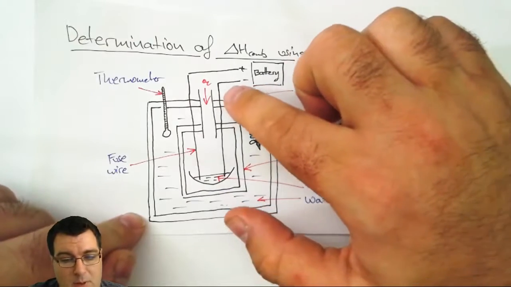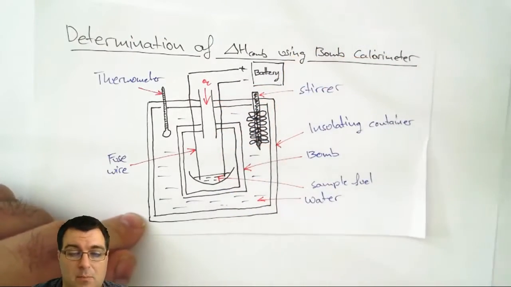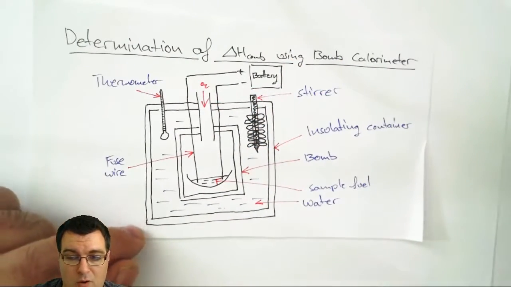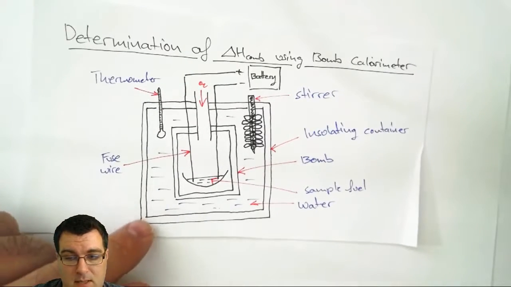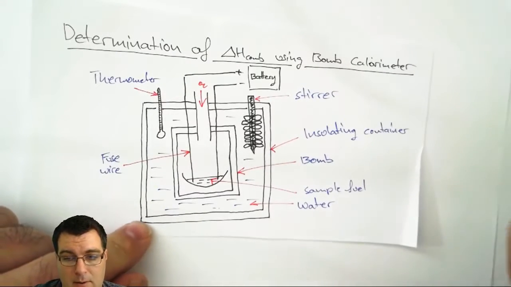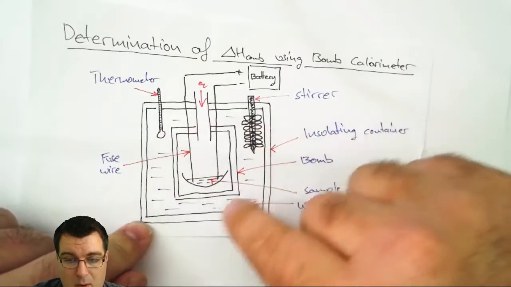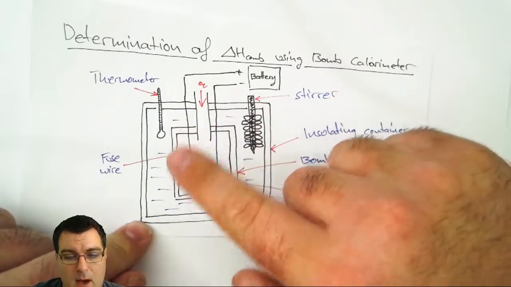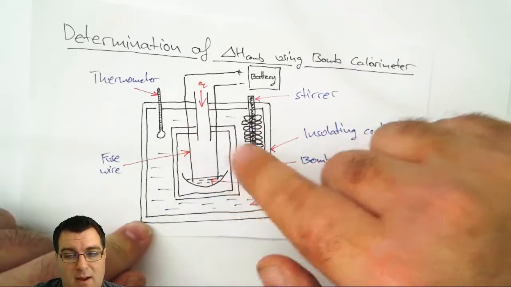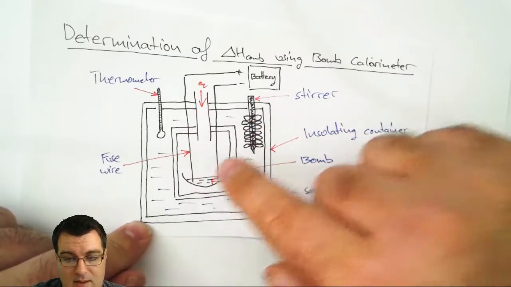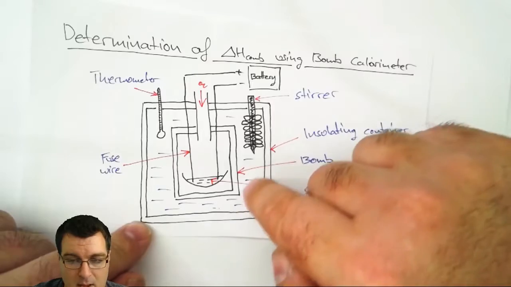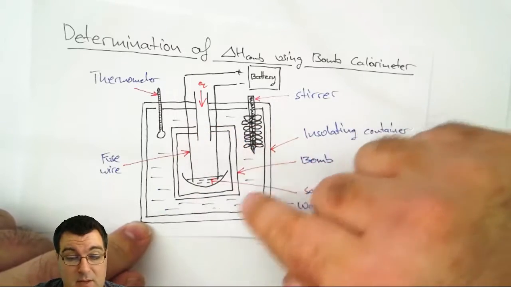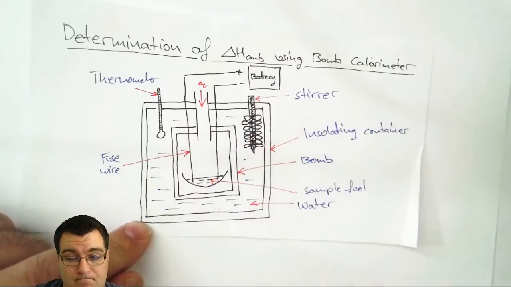There'll be a supply of oxygen fed in, so you have complete combustion of your chemical species in there. The bomb, the metal container, will be very carefully calibrated, so we know how much heat is stored by it and how heat passes through it into an outer jacket, typically of water, sometimes oil.